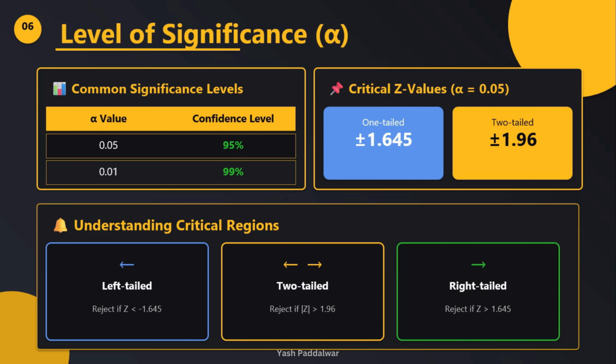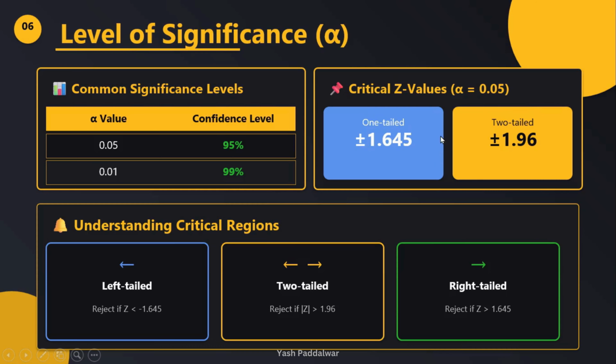So this is a kind of percentage of risk that you can take. If the risk value is this, then you can say you have 95% confidence in your results. If the risk value is 0.01, then you can say that 99% is the confidence level of whatever outcome you are getting.